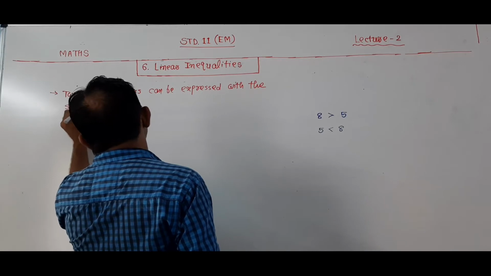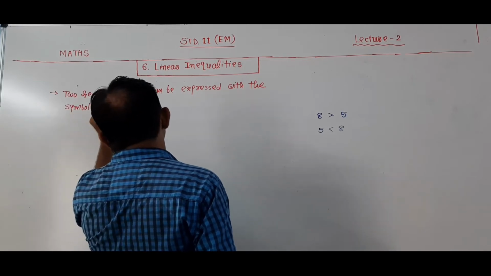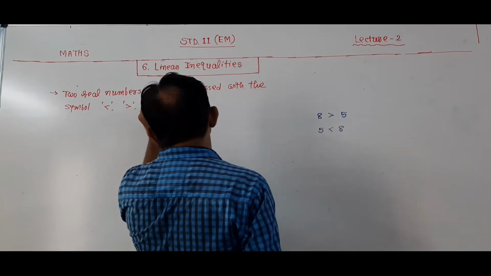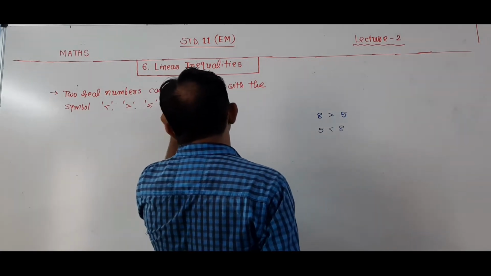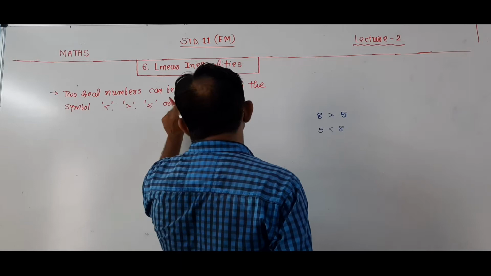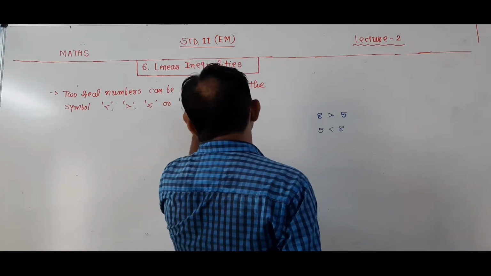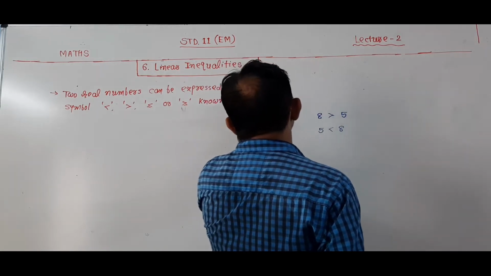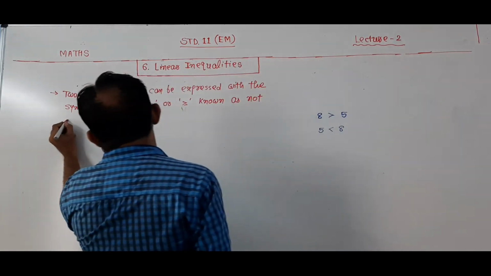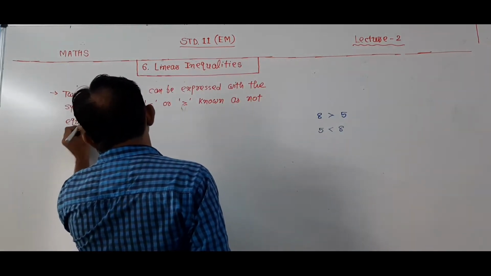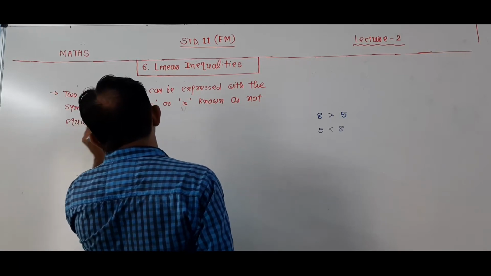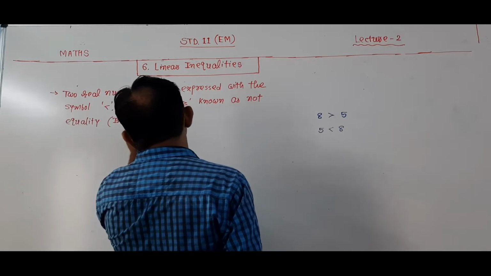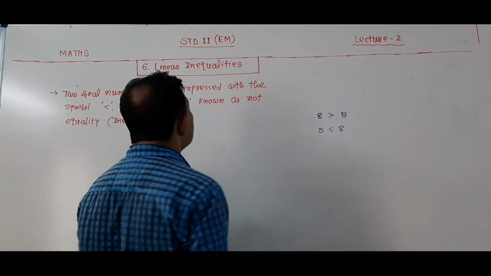Here the symbols are less than, greater than, less than or equal to, or greater than or equal to, known as not equality. Not equality means inequality.